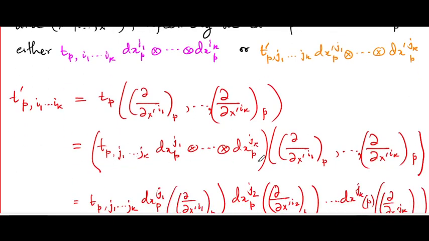can be written in this particular fashion: T_p J1 J2 ... Jk dx^{J1}_p tensor product dx^{J2}_p etc. tensor product dx^{Jk}_p. This is nothing but the representation of a tensor in the original (U, phi) coordinate system.